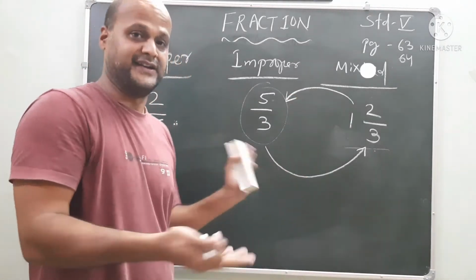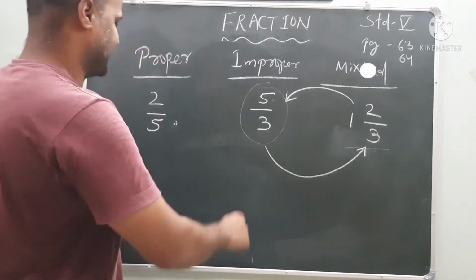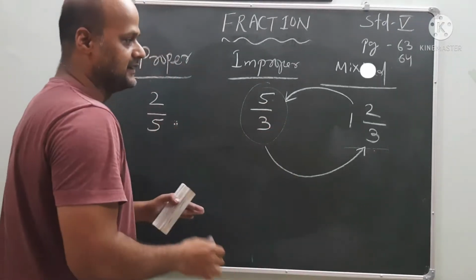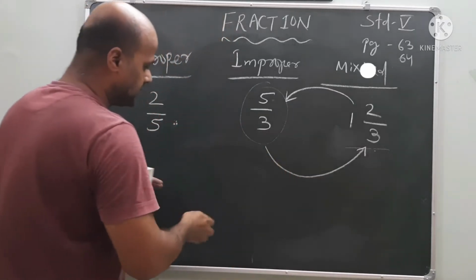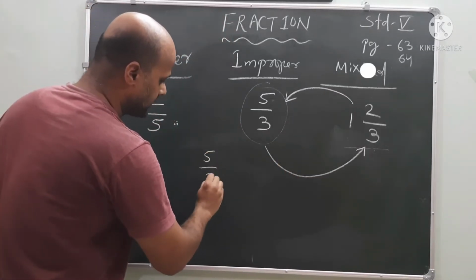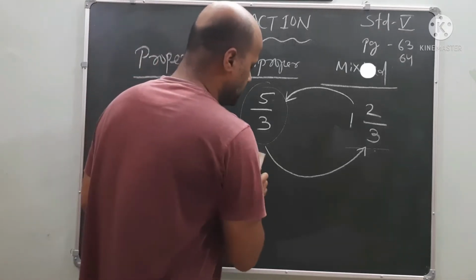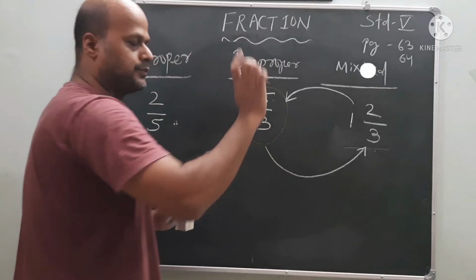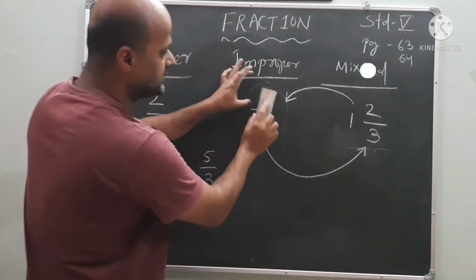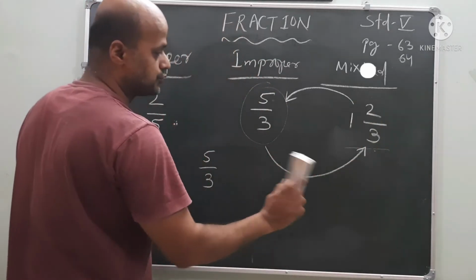How? Let's do it. Take an example 5 by 3. 5 by 3 is an improper fraction, na? So understood that improper is converted to mixed, and mixed will be converted to improper. You have to remember that one. But this result is not like this one. So don't be confused.